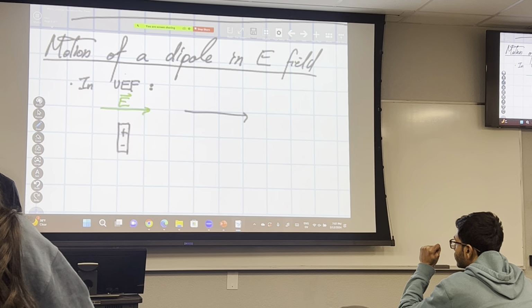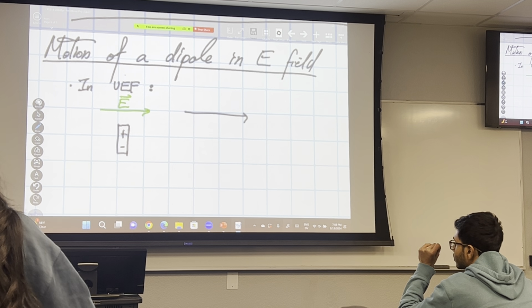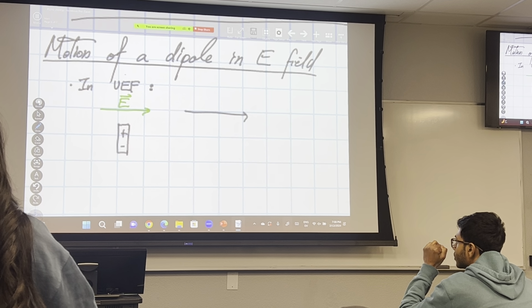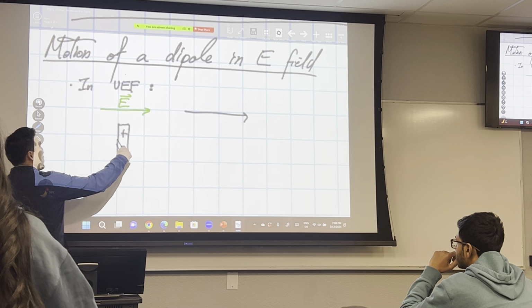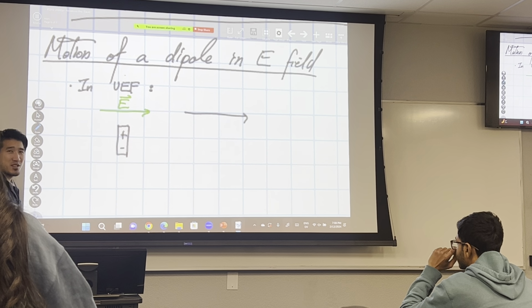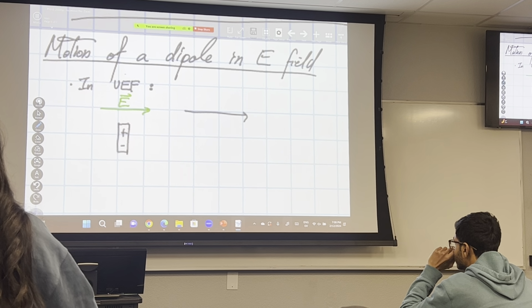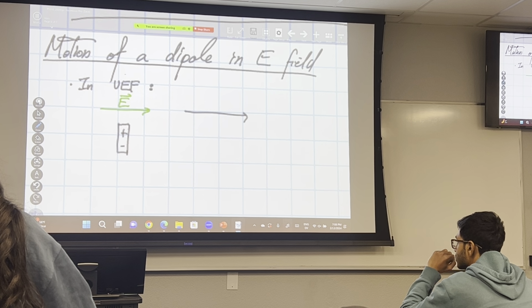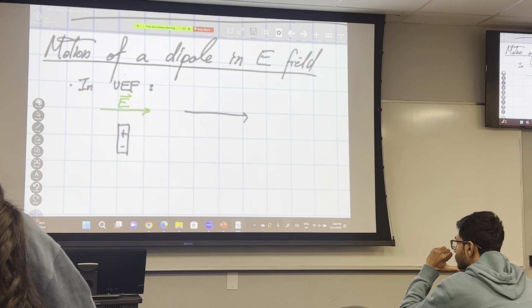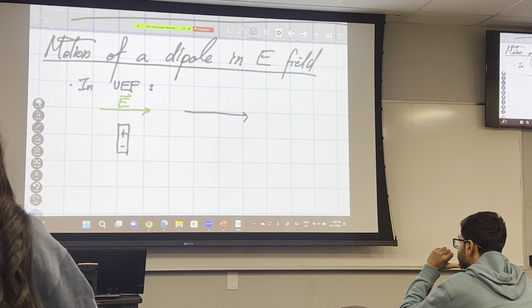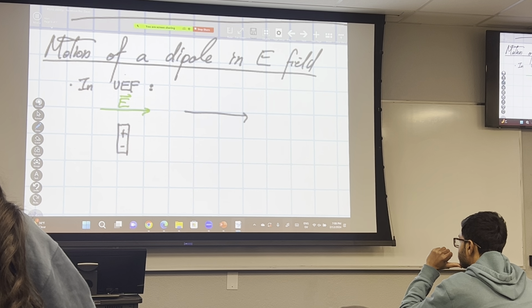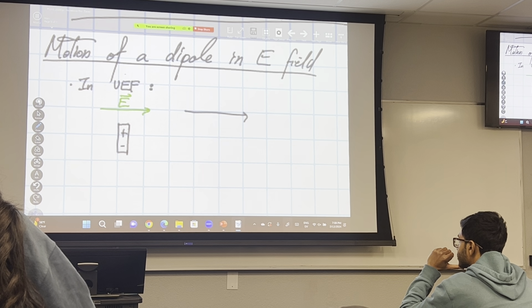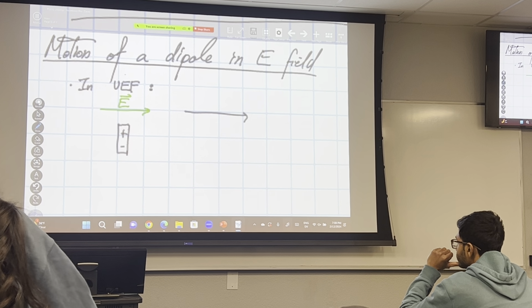Raise your hand. Who says it will move against the electric field? Raise your hand. Okay, who says something other? Raise your hand. Well then, what is that other? Stays in place. Who thinks it stays in place? Raise your hand.